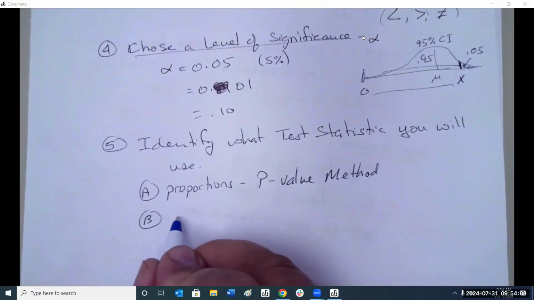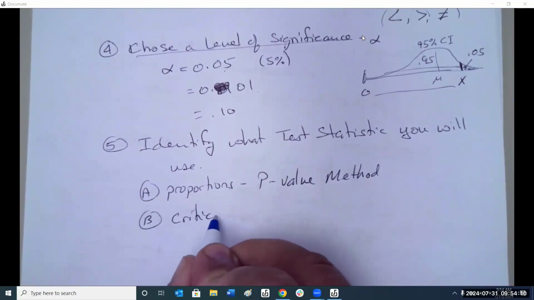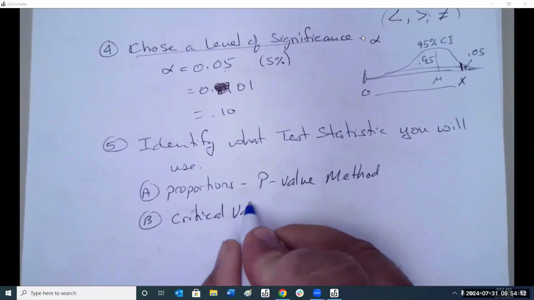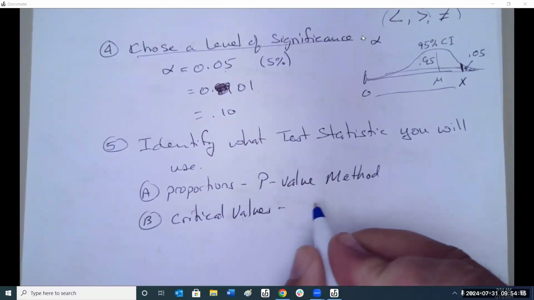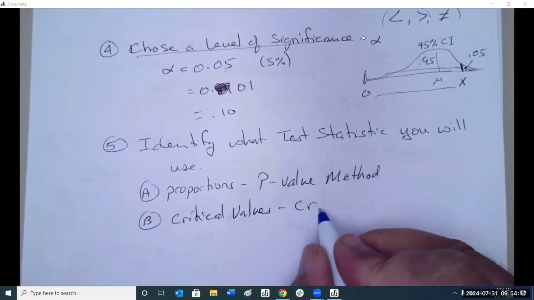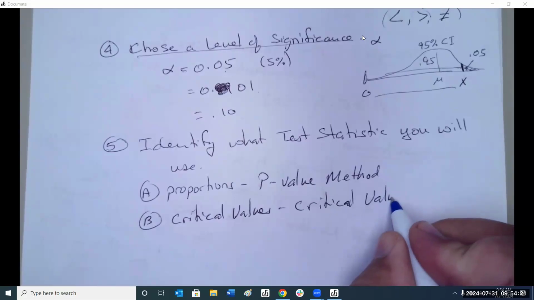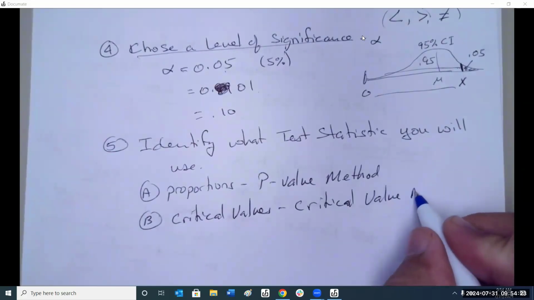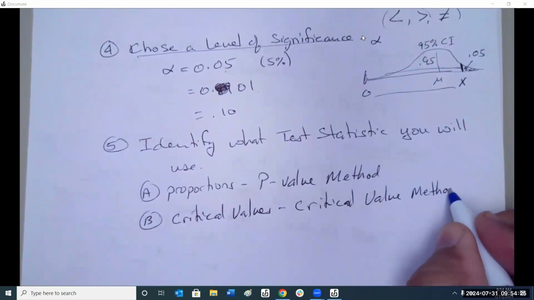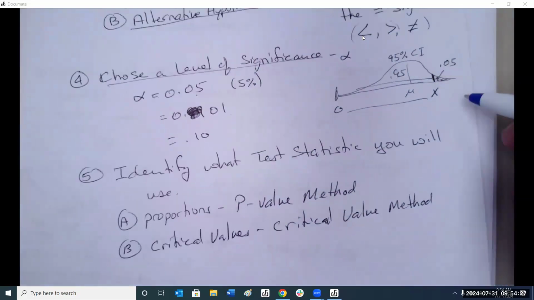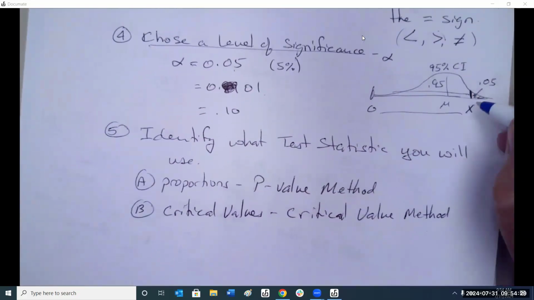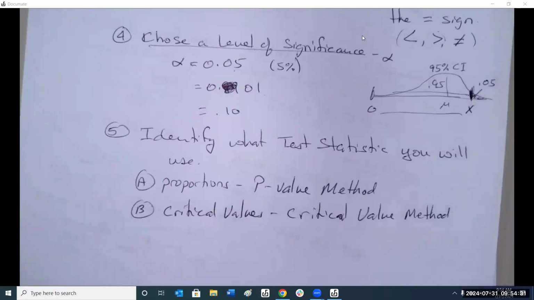We have critical values, which is called the critical value method. Remember what critical values were? The critical value is when we found this value here.